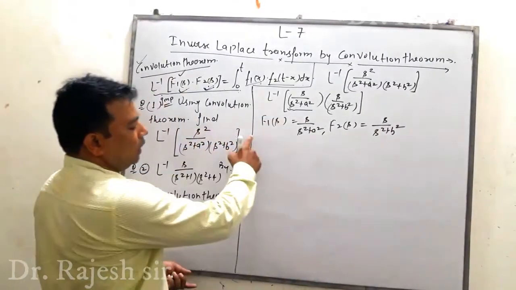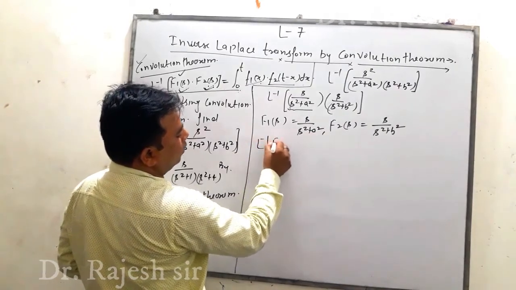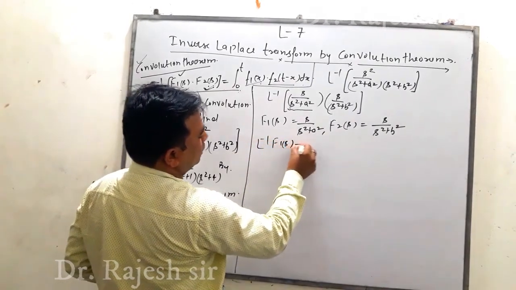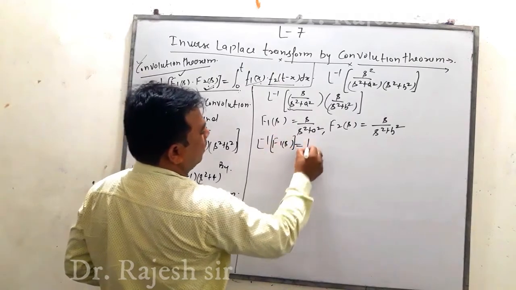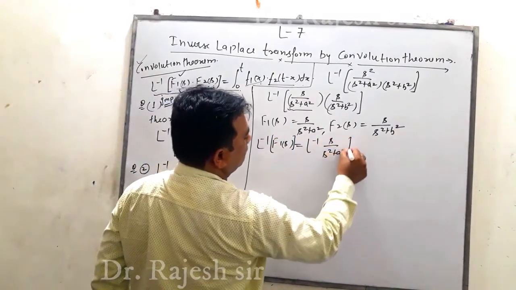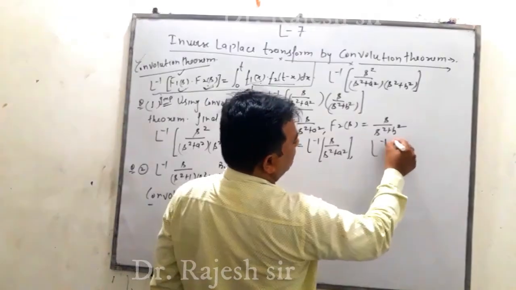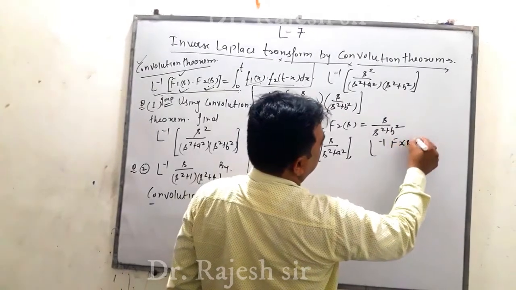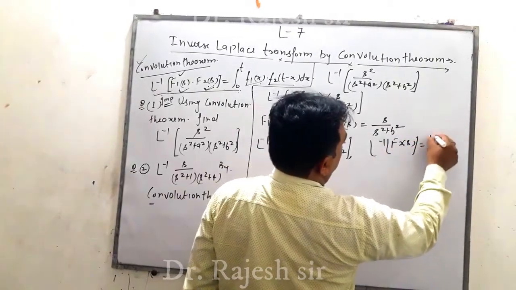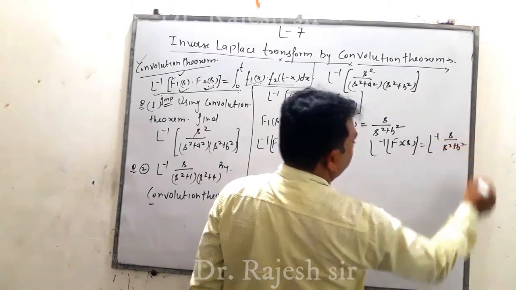We take the inverse Laplace transform on both sides. L inverse of F1(s) equals L inverse of s upon (s squared plus a squared), and L inverse of F2(s) equals L inverse of s upon (s squared plus b squared).